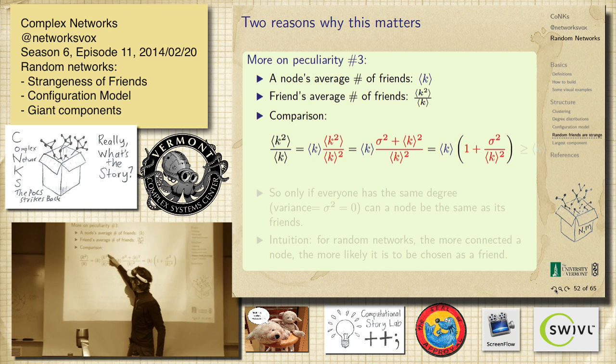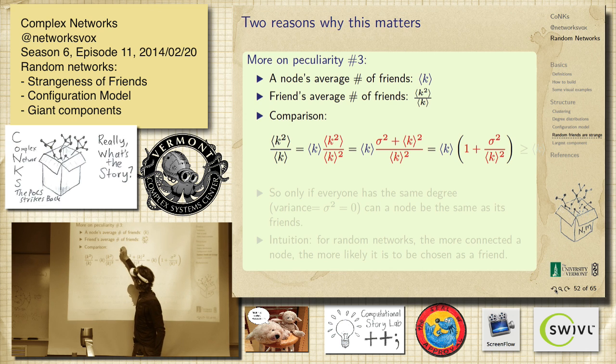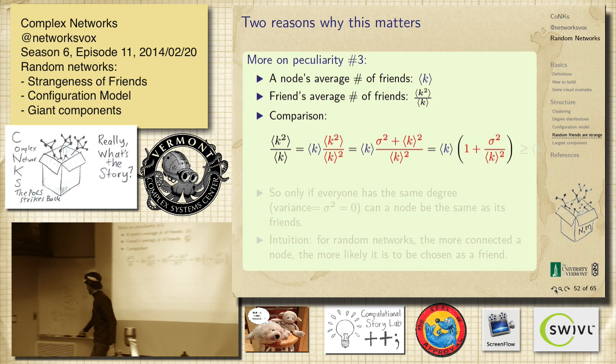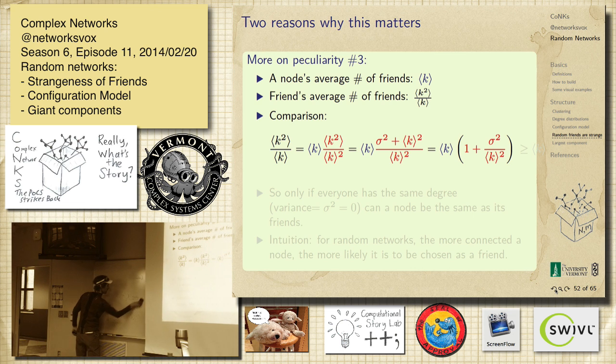So we know that this is actually the mean squared plus the mean. Let's get the Poisson result. K squared for Poisson is equal to the mean squared plus the mean.